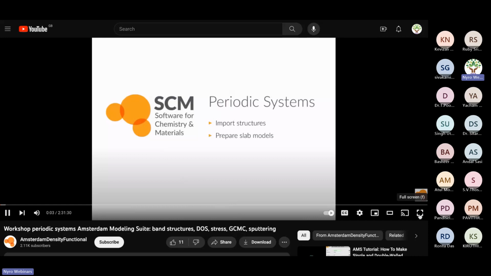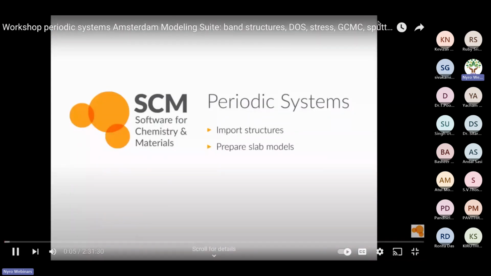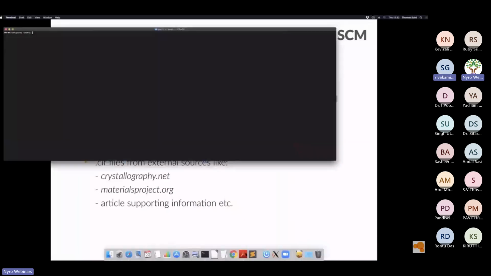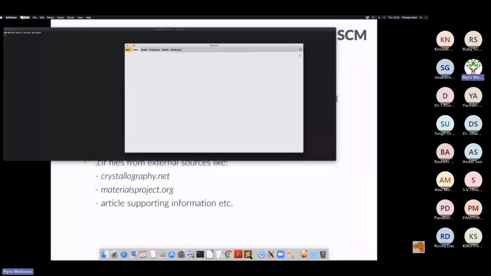The hands-on tutorial is indeed about periodic systems. So I wanted to basically begin with some overview about crystalline structures and how to handle them in the Amsterdam modeling suite. So first and foremost, we start up the GUI.